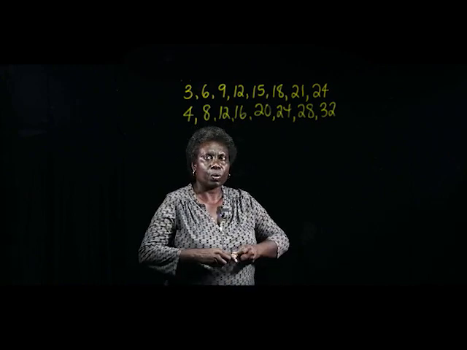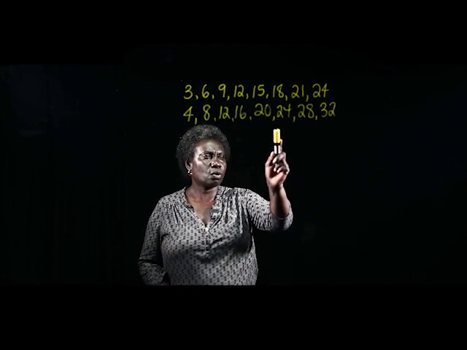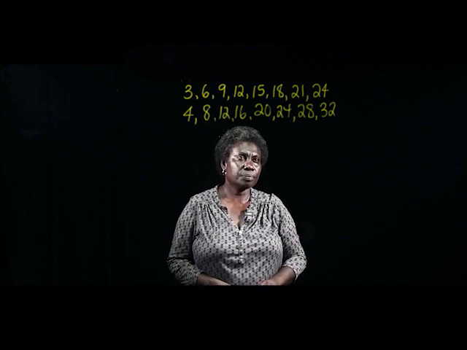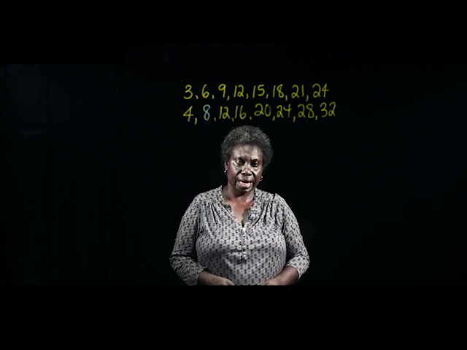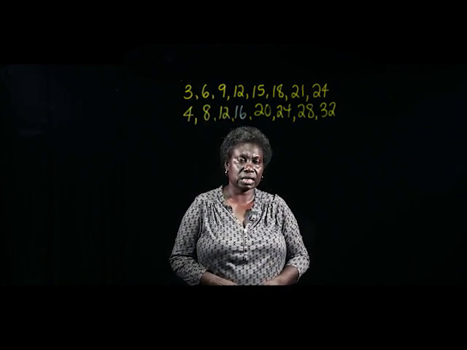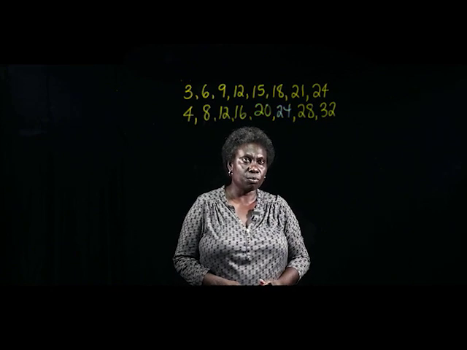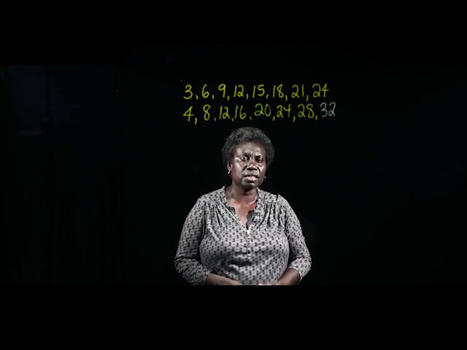So the first 8 multiples of 4 are 4, 8, 12, 16, 20, 24, 28, and 32.